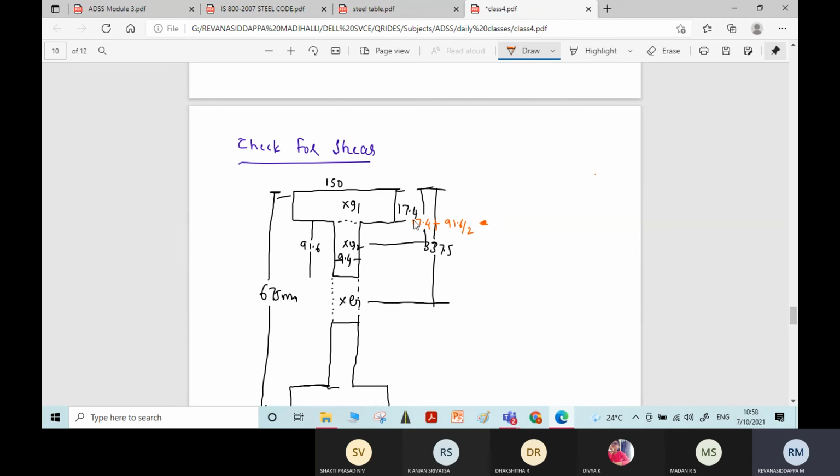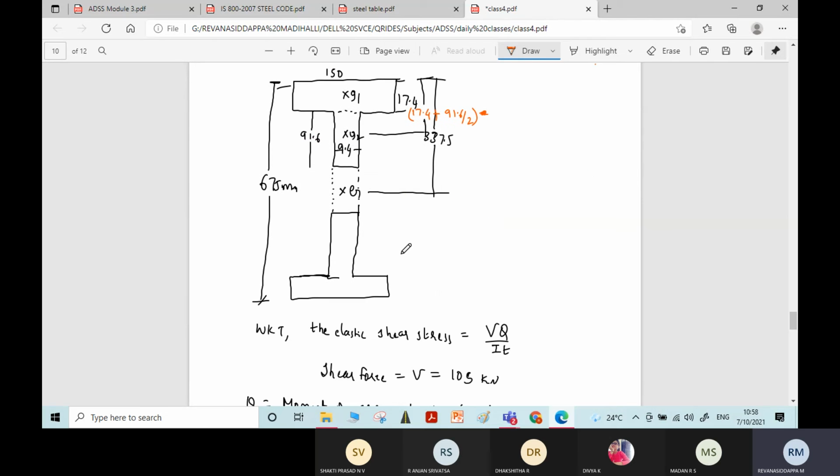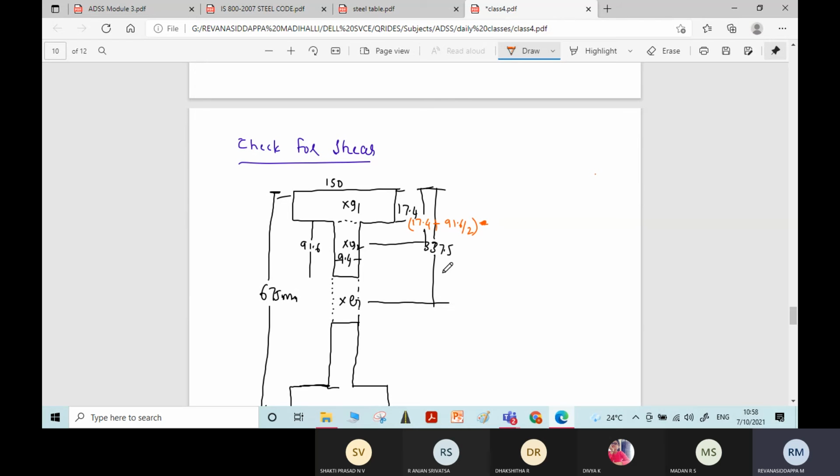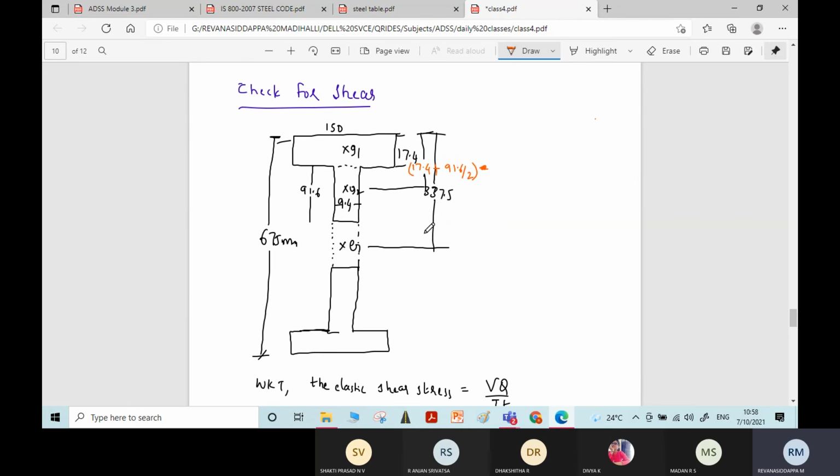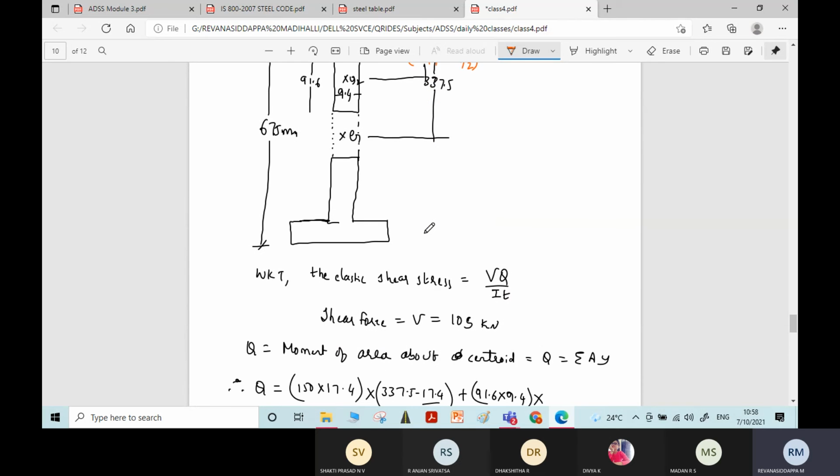Okay, you keep as it is. Same calculation you can write there. So 337.5 minus this length will give the distance between the centroids.